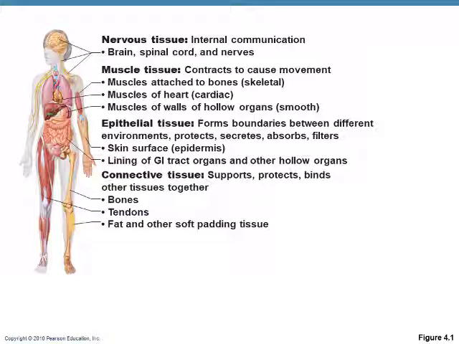That's the covering, outer layer of the skin. And number two, inner linings. What does inner linings mean? Outer covering we understand, the skin, right? And the outer surface of the skin is the epidermis.